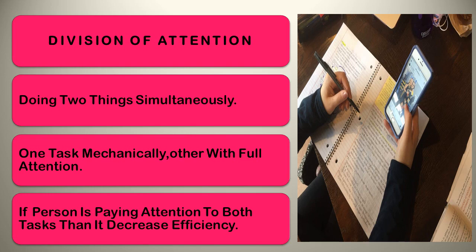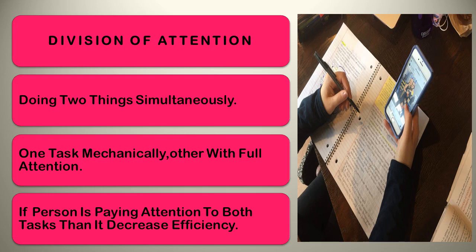We observe people doing two things simultaneously, like reading a newspaper while eating or knitting while watching TV. In a true sense, an individual cannot divide attention on two tasks simultaneously.